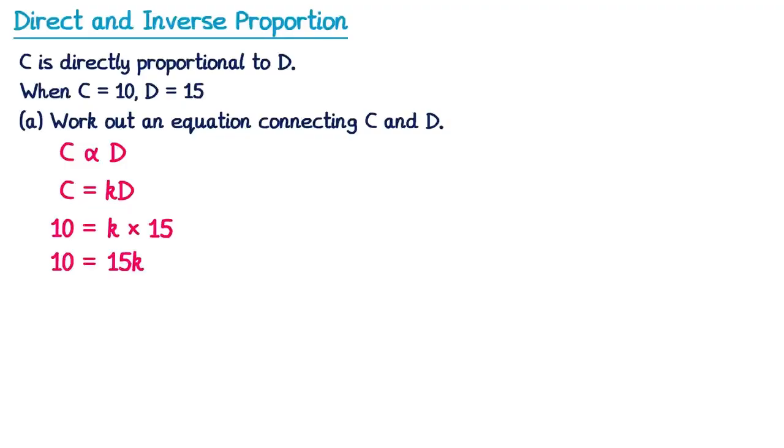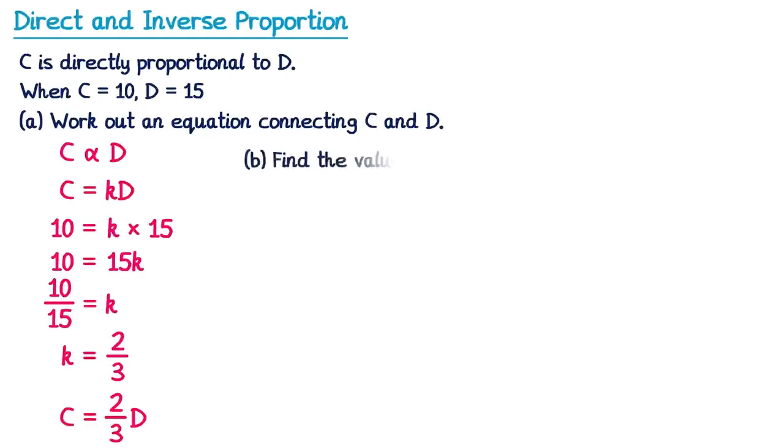If you divide the left by 15, you get 10 over 15, and if you divide the right by 15, you get K. So K is equal to 10 over 15, which simplifies to 2/3. So now that we've found the value of K, we can rewrite this here, but substitute in the value of K. So C equals 2/3 of D. So that's the equation connecting C and D.